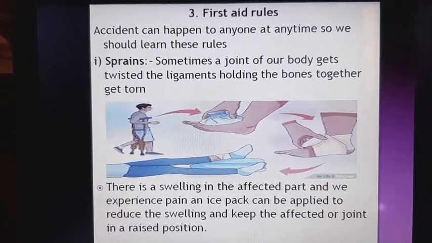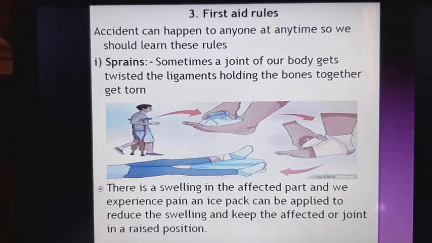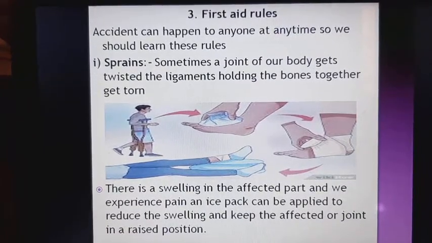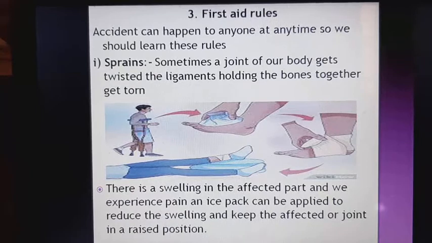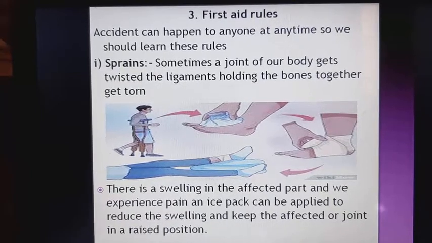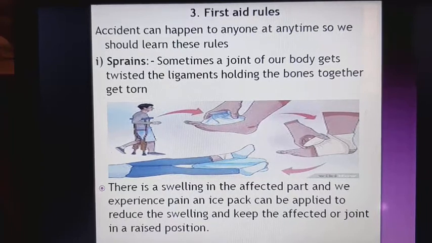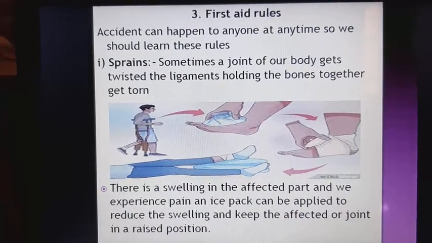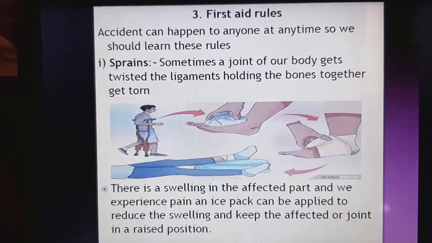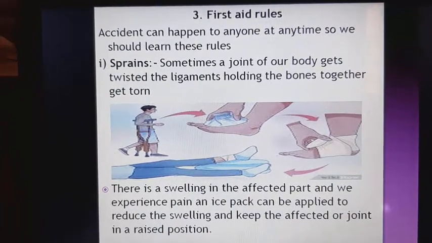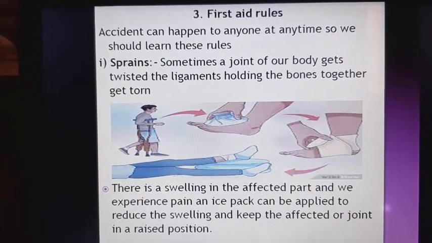First aid rules. Accidents can happen to anyone at any time, so we should learn these rules. First, sprains. Sometimes a joint of our body gets twisted and ligaments holding the bones together get torn.